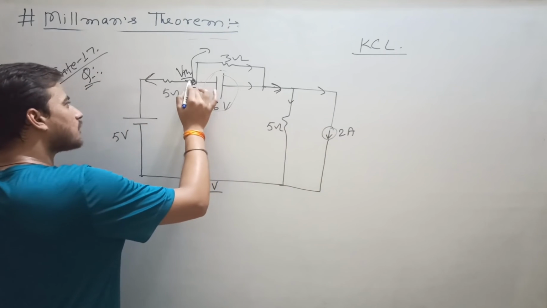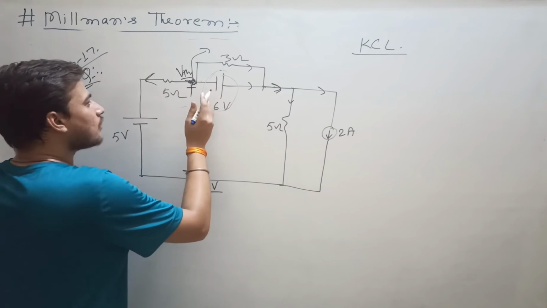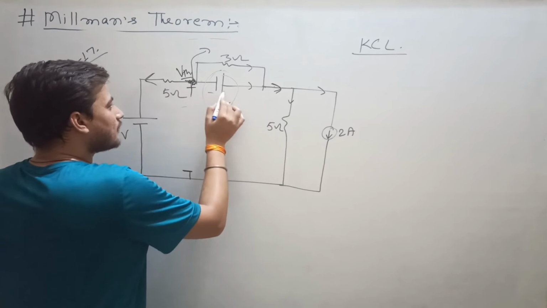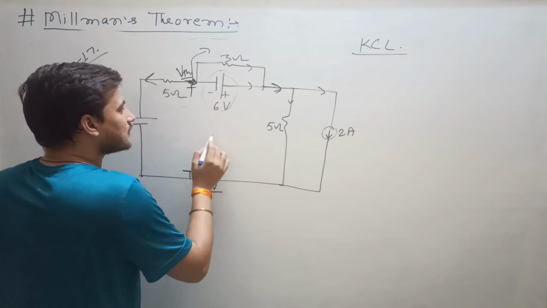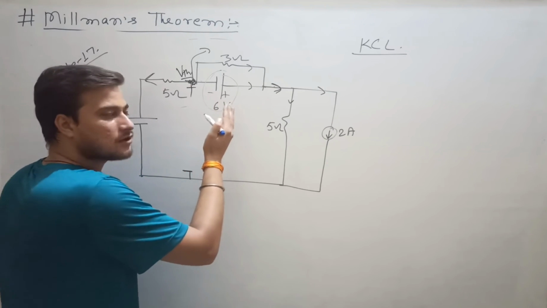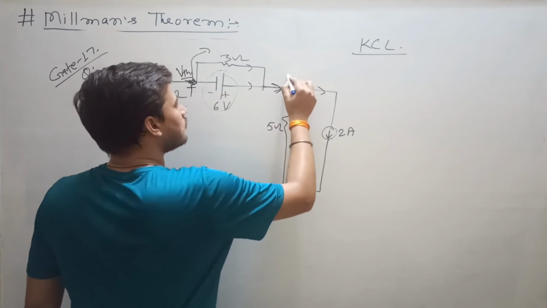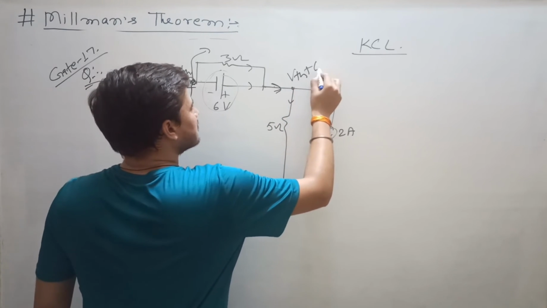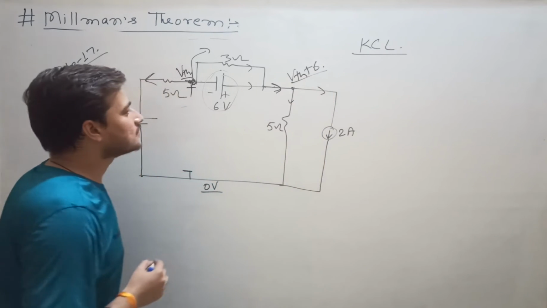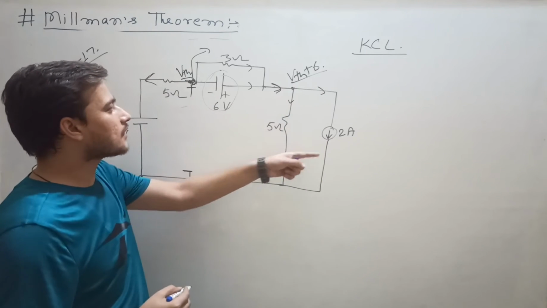To find this current, if this potential is VTH and you are having a battery connected like this, there will be a rise in potential of 6 volt. So here the potential will be VTH plus 6. Now you can write the current for this one.